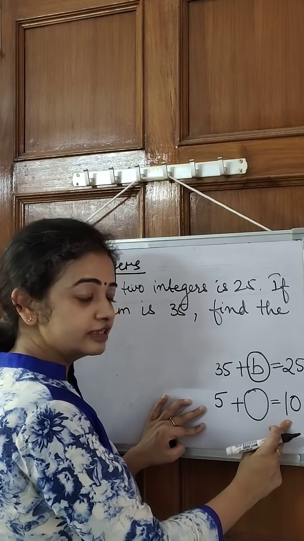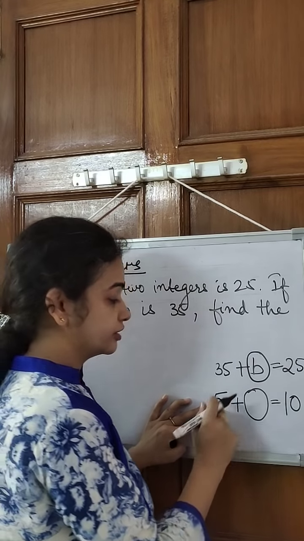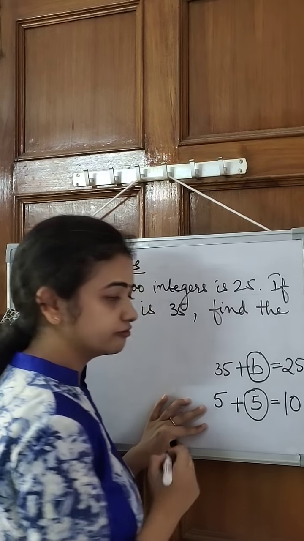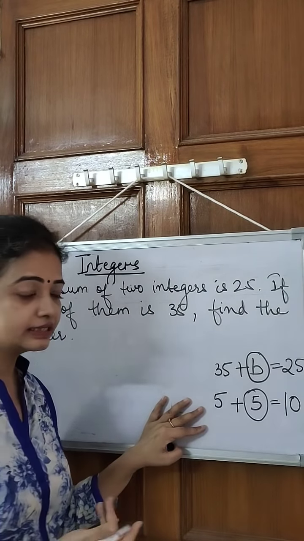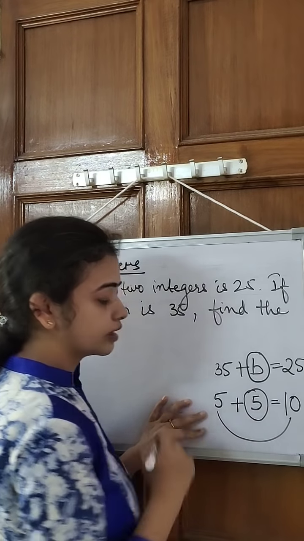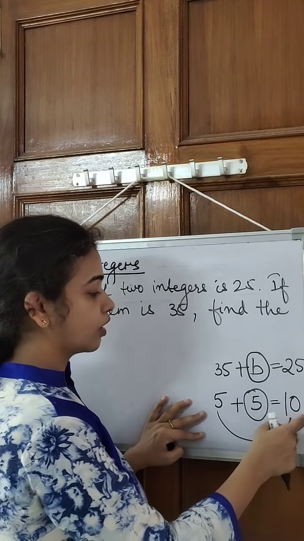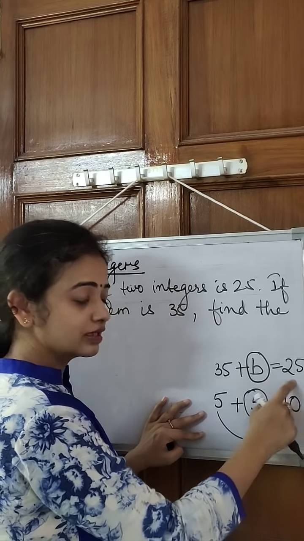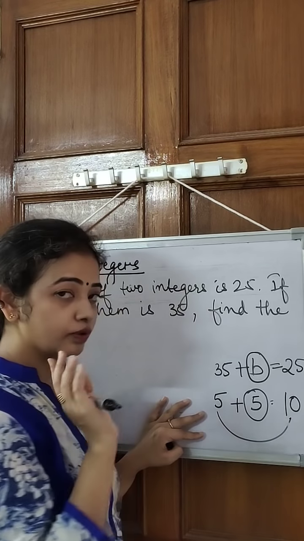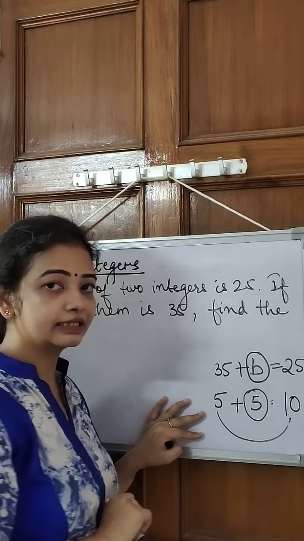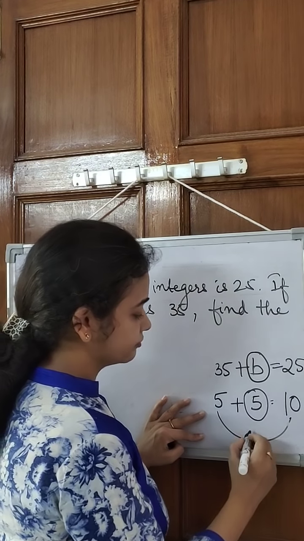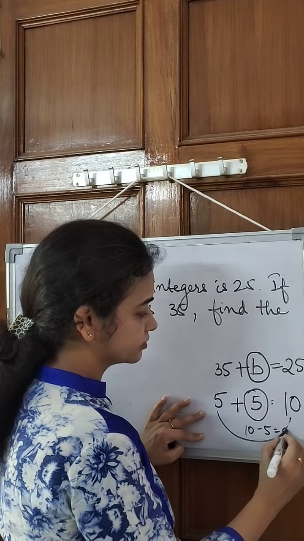So how did I do it? I subtracted these two numbers. From the result, when I subtract one of the numbers, I get the other number. So 10 minus 5, I get 5.